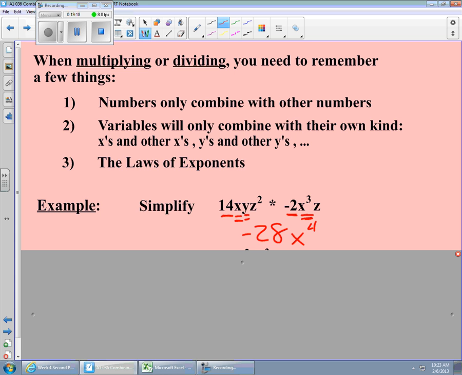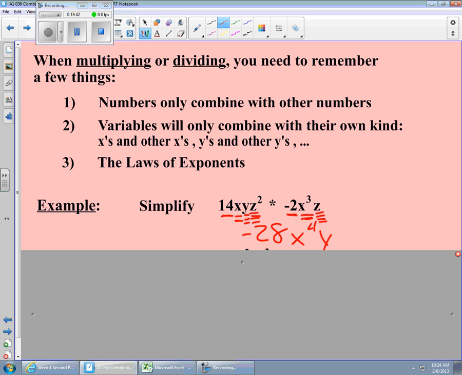All right, here we have a y. What does y have to multiply with over there on the right? Yeah, nothing. So what is it going to do? It doesn't have anything to do. It's just going to show up in the answer. So just throw a y down there. And then lastly, we have some z's.